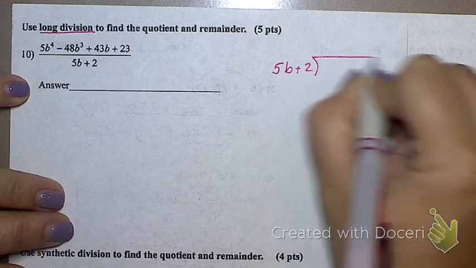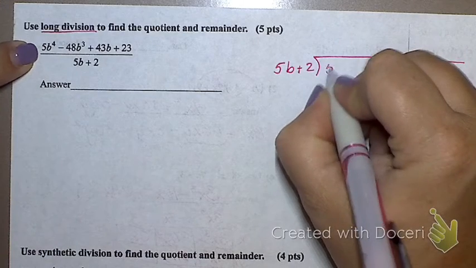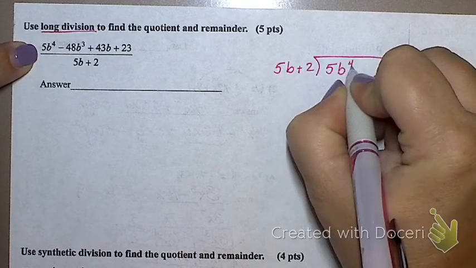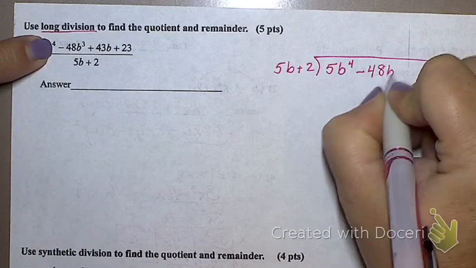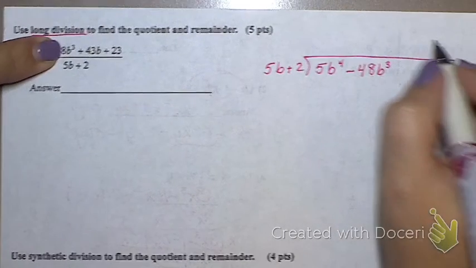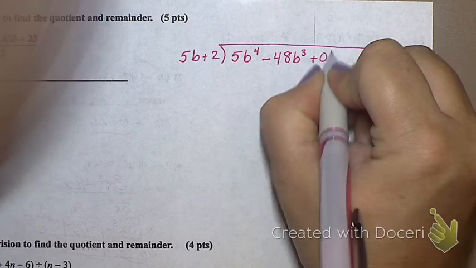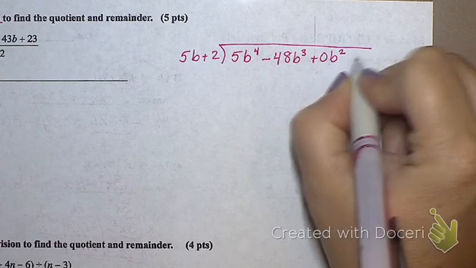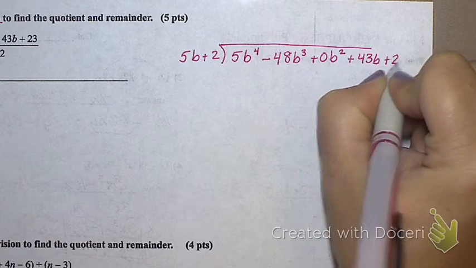And inside, what's going to go? 5b to the 4th minus 48b to the 3rd. Uh-oh. There's no b squared. What do I do? Plus 0b squared. Then I can put the plus 43b plus 23.